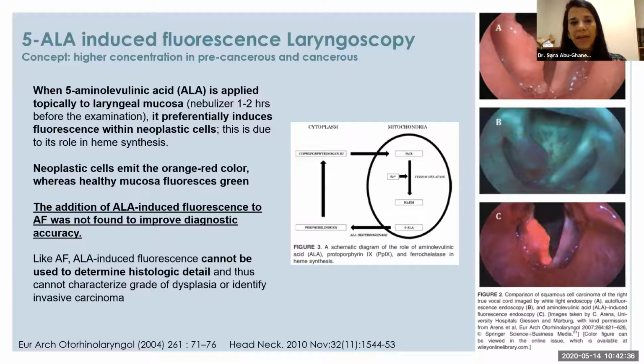And the logic behind this is this compound will have higher concentration in precancerous and cancerous lesions compared to normal tissues. You can see here in picture C. However, based on studies, the addition of the ALA to the fluorescence really was not found to improve the diagnostic accuracy. And I don't know a lot of people who are really using this.